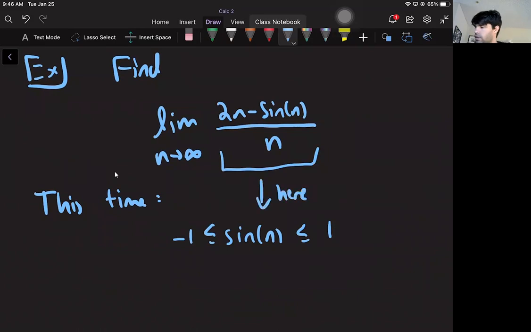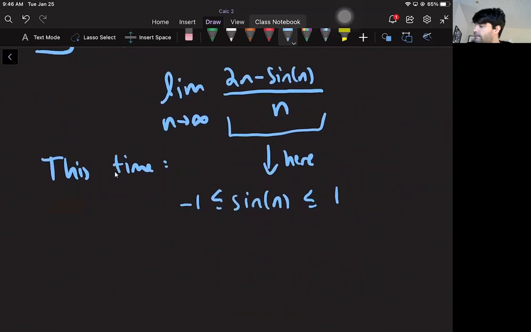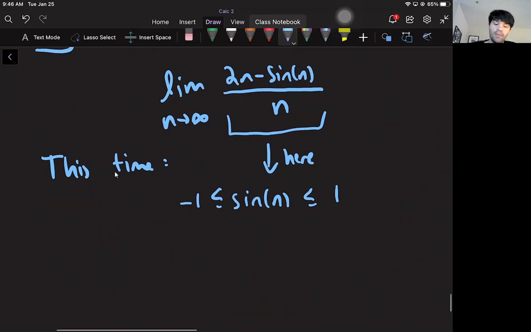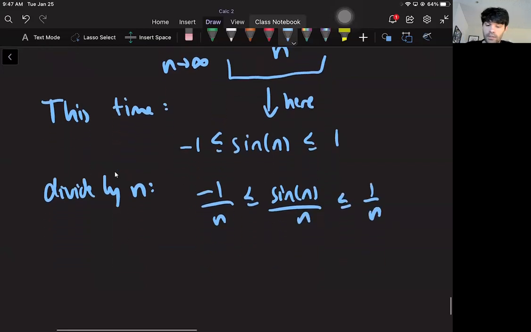So we can't just do weird things. We've got to make it make sense. So the first thing we can do is let's try to divide by n. So why is this okay?